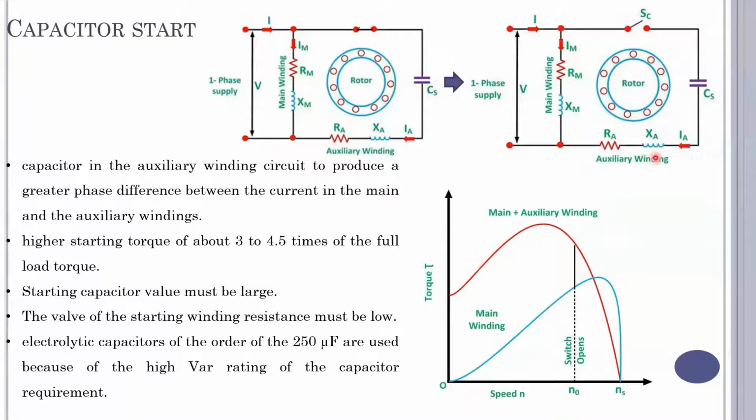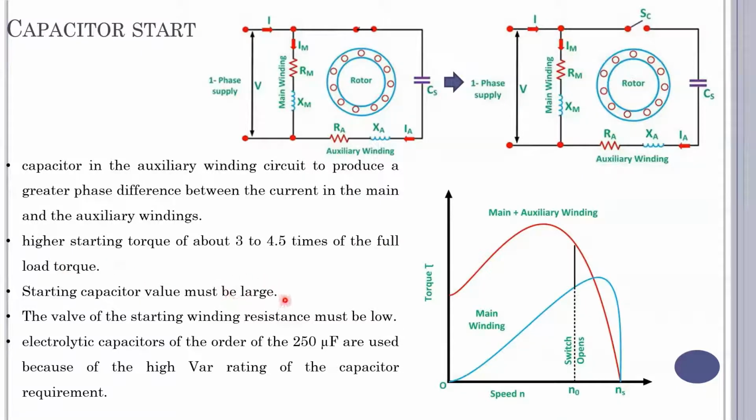Because of the capacitor in our circuit, the starting torque is increased even more when compared to the split phase induction motor. The starting torque is 3 to 4.5 times that of the full load torque.